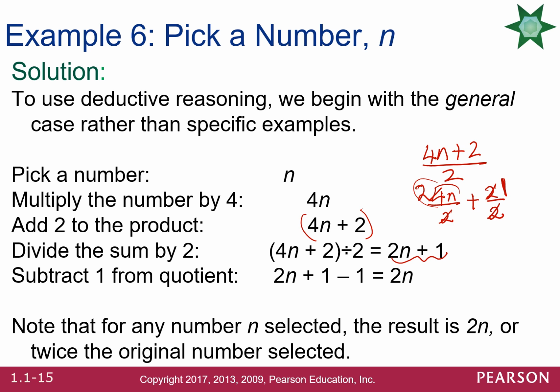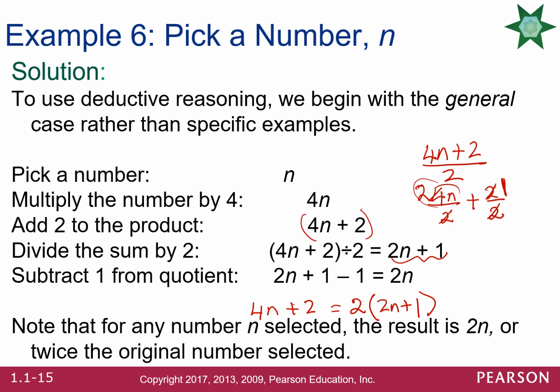Or you could factor it out. 4n plus 2 can be factored and written as, 2 is common to 4 and 2. So you factor out the 2, and what you have inside brackets is 2n plus 1, correct? So when you factor, all you have to do is get the terms inside the brackets.